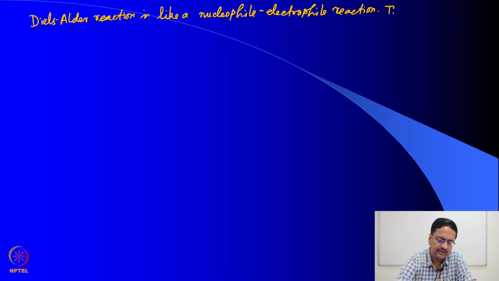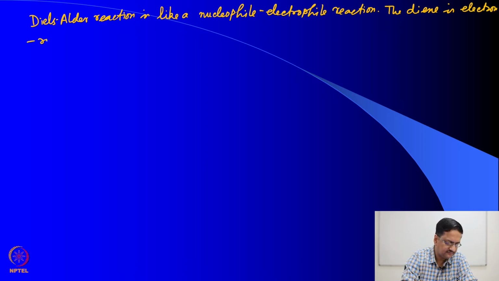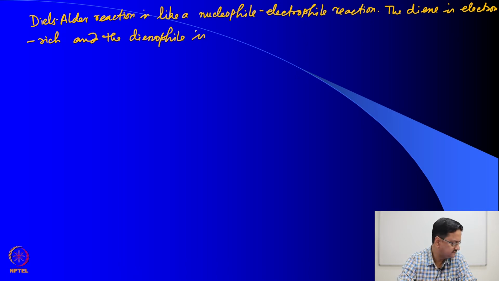Here the diene is electron rich and the dienophile is electron deficient.